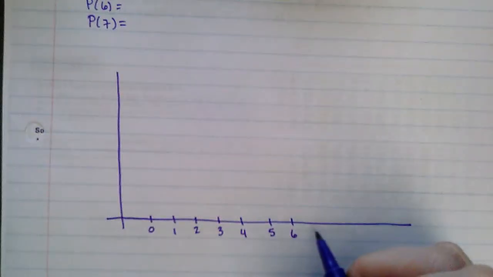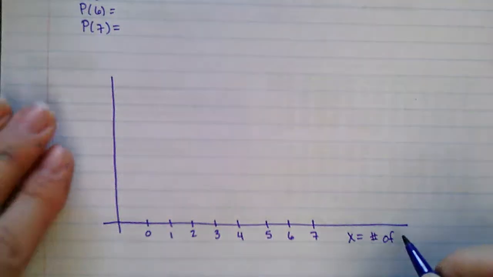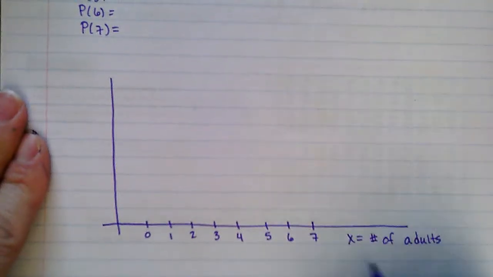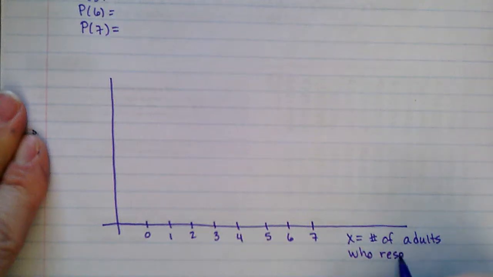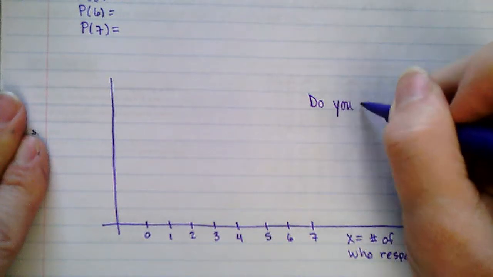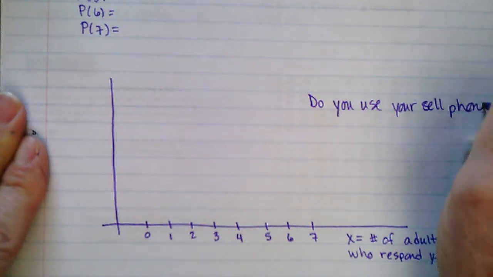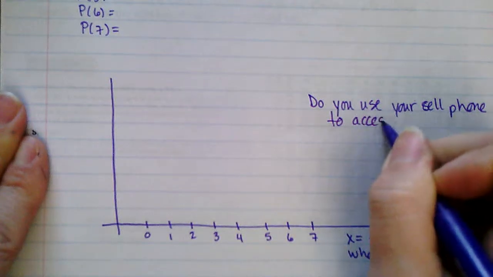So we're going to have 0, 1, 2, 3, 4, 5, 6, and 7. And this is going to be, X represents the number of adults who respond yes. So the chart is going to show, do you use your cell phone to access social media?